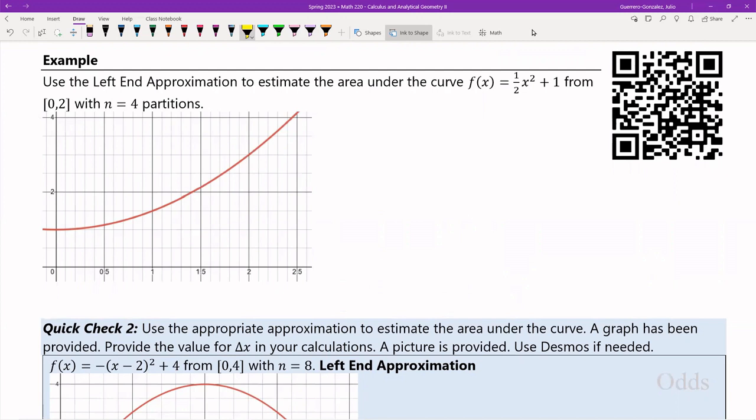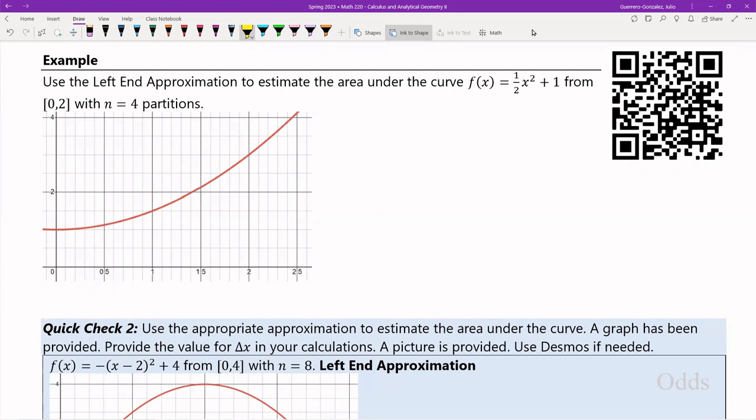I'd rather you concentrate on the theory behind it, not on the computation for it. So that's why the calculator is there. Okay, so if you have your phone available right there, go ahead, scan the QR code. It should redirect you to a Desmos calculator. I'm going to show you guys what that is in a second, but let me go ahead and get started with this example.